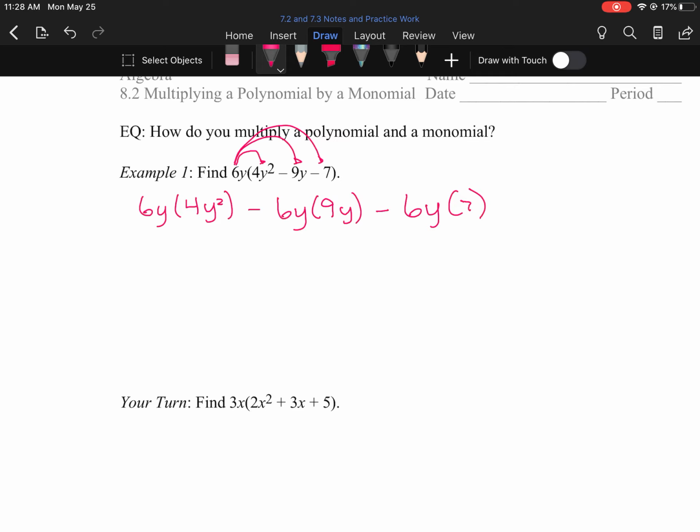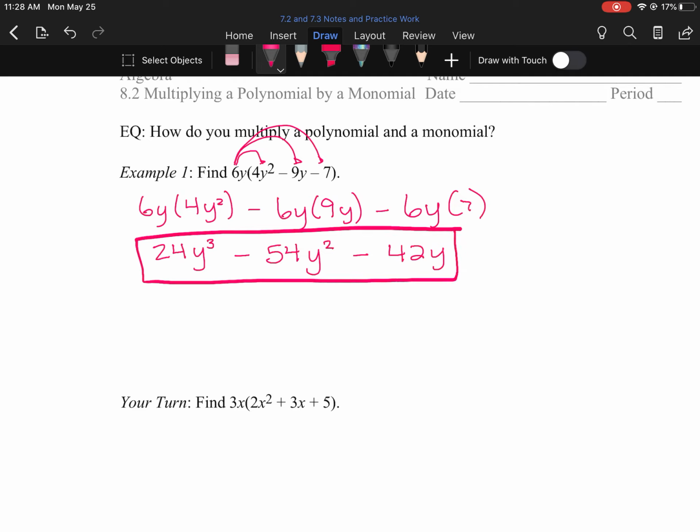If I multiply these first two together, 6 times 4 is 24, y times y squared is y cubed, minus 6 times 9 is 54, y times y is y squared, and 6 times 7 is 42 times my y.